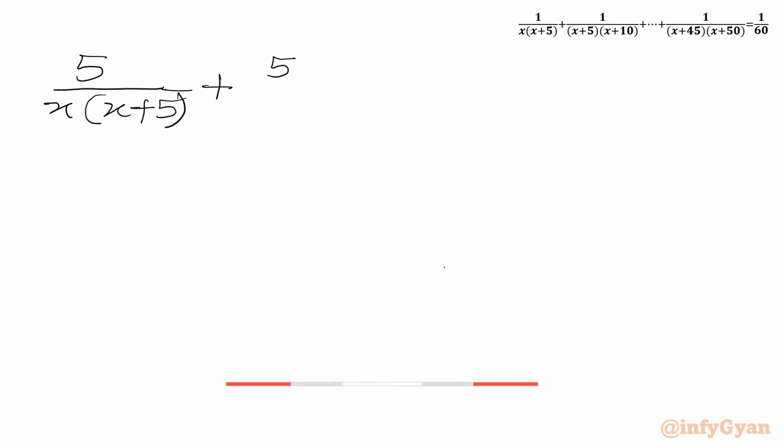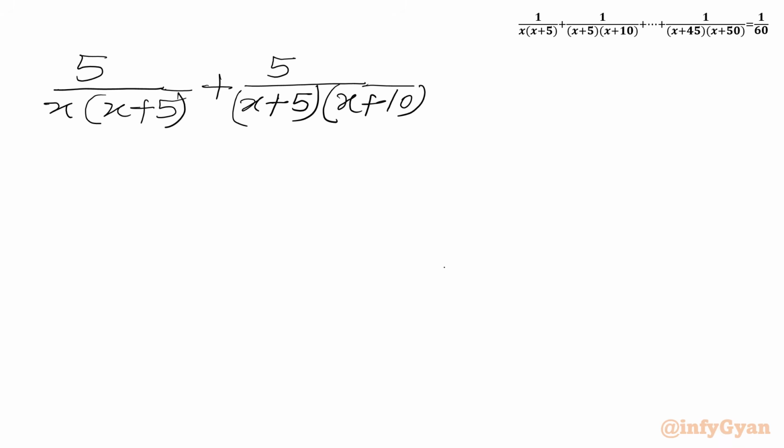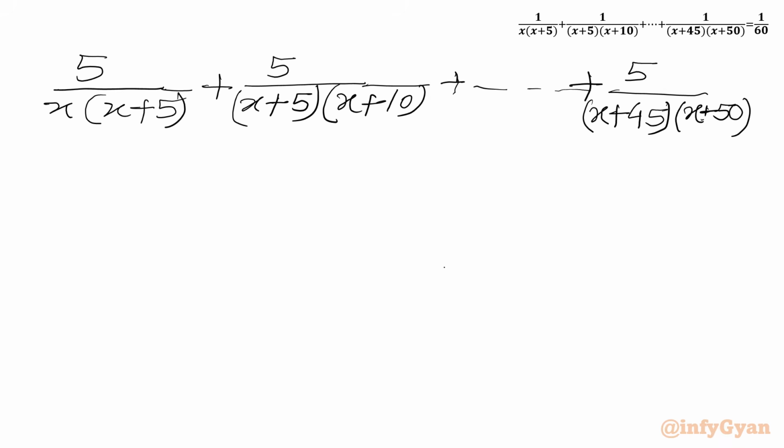We will write 5 over x times x plus 5, plus 5 over x plus 5 times x plus 10, plus, and if I write the last term, then we have to write 5 over x plus 45 times x plus 50, and on the right hand side we have 5 over 60, which will be equal to 1 over 12.